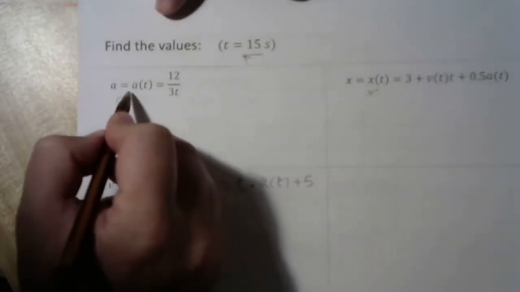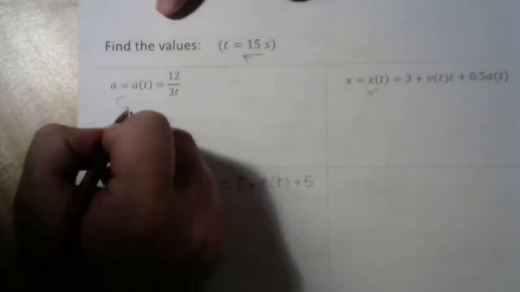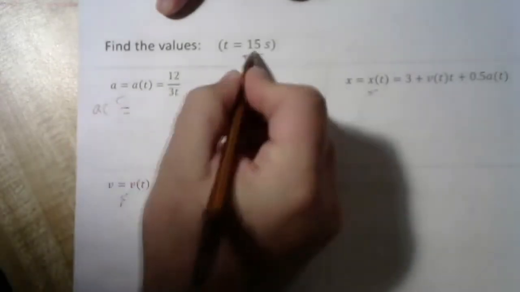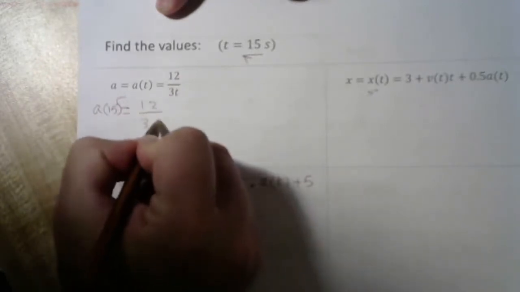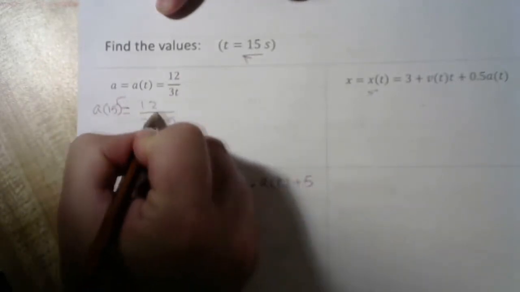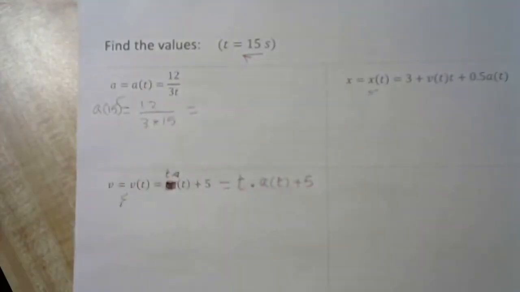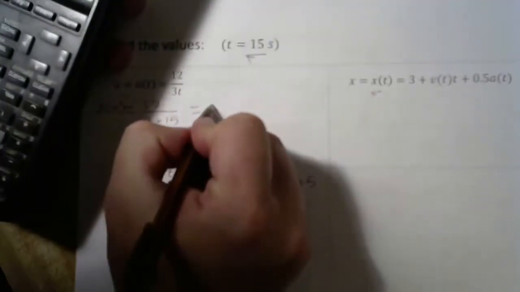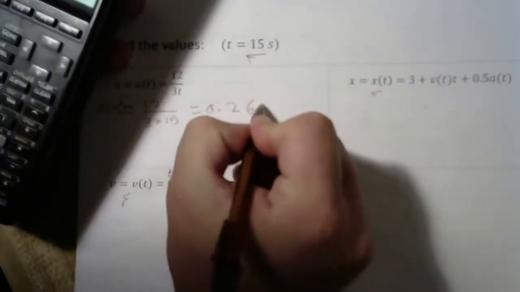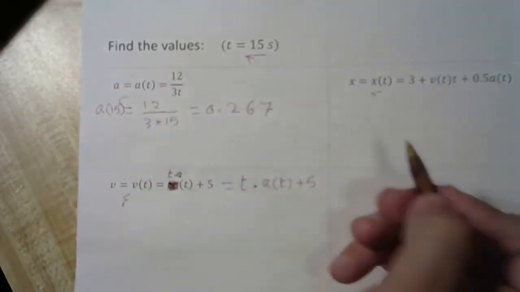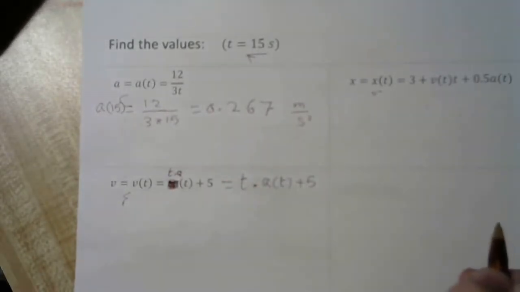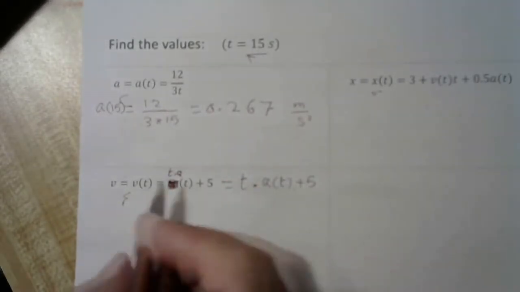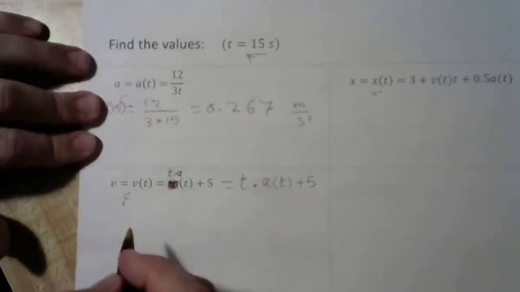Okay, I need now to compute the acceleration. The acceleration at t equal 15 is equal to 12 over 3 multiplied by 15. This will be equal to 0.267. What is the unit of the acceleration? It is meter per second squared. Okay, now I can compute the velocity.